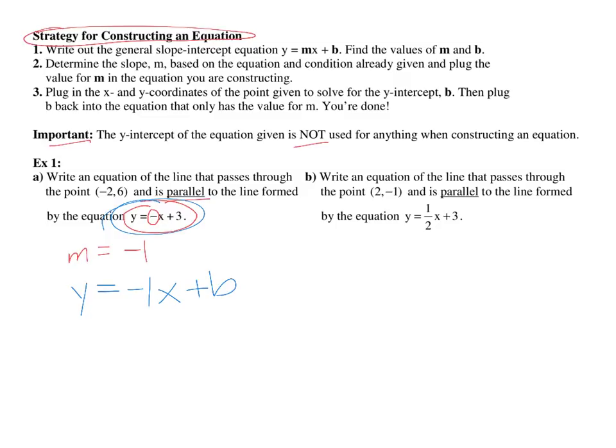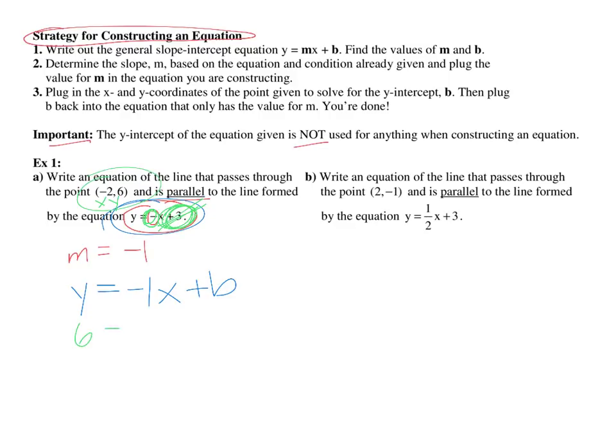And the first mistake a lot of students make is that they use the same b. And you're not going to do that. When you're talking about parallel lines, you're only using the same slope, not the same y-intercept. Don't do that. This is why you were given the point here. This is your x and y value that you're going to plug into your equation to solve for b.